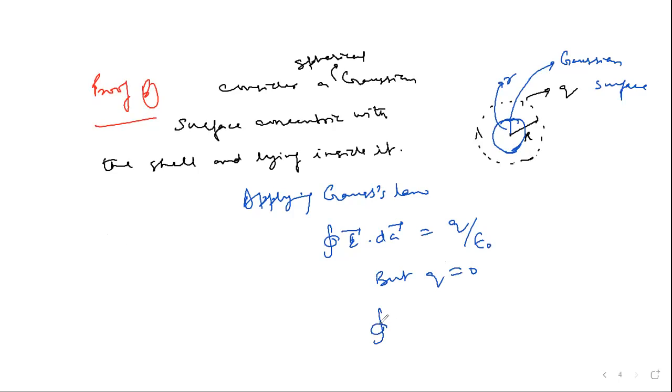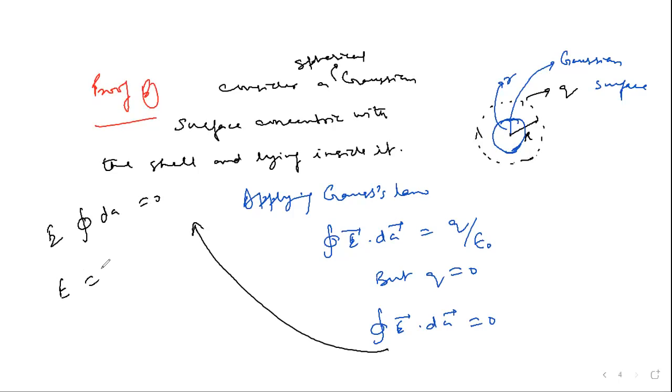Therefore, closed integral E dot dA is 0. Then you can use the spherical symmetry and see that it will become E closed integral dA is equal to 0. Then E is 0, right?